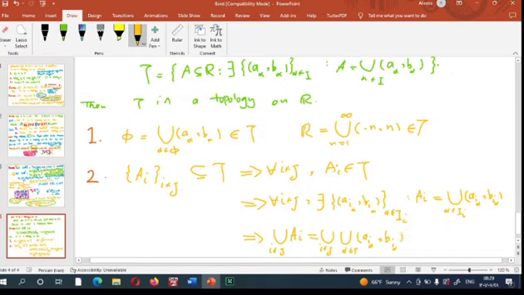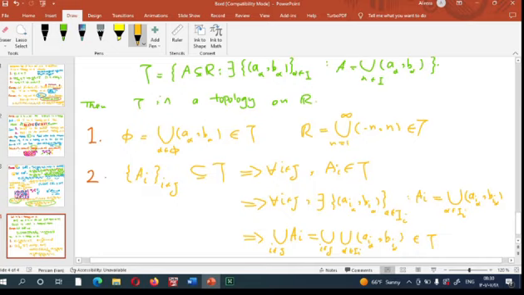Alpha belongs to A_I, and we see that this union is a member of tau because it is written as a union of intervals.